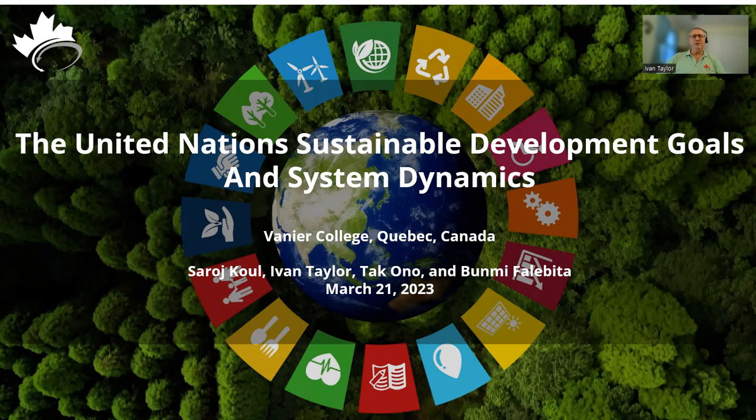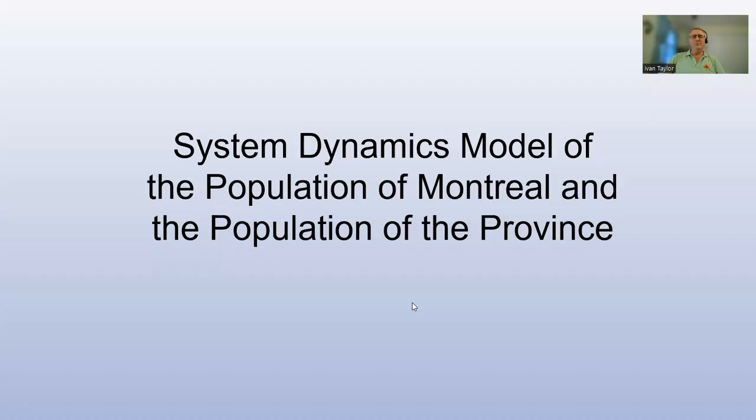But first, I want to talk a little bit about how system dynamics works and how we build system dynamics models. So I'm going to provide a little description of a small model of the population of Montreal and the population of the province of Quebec.